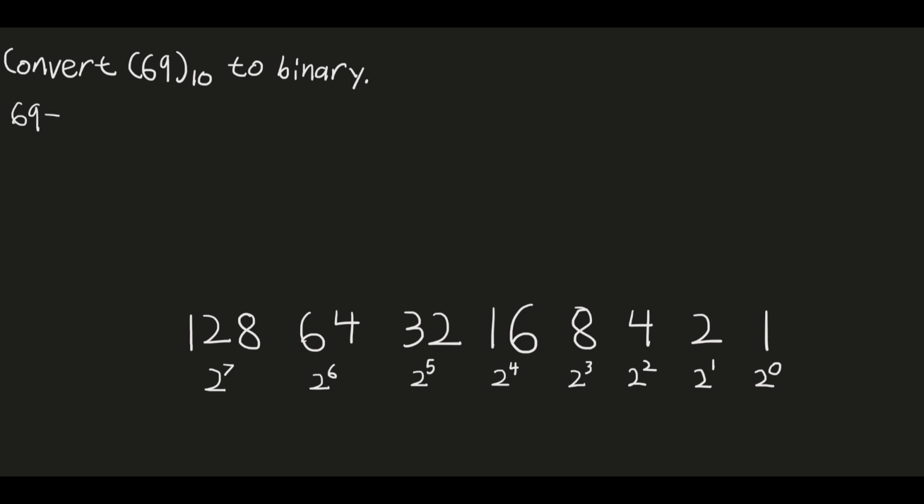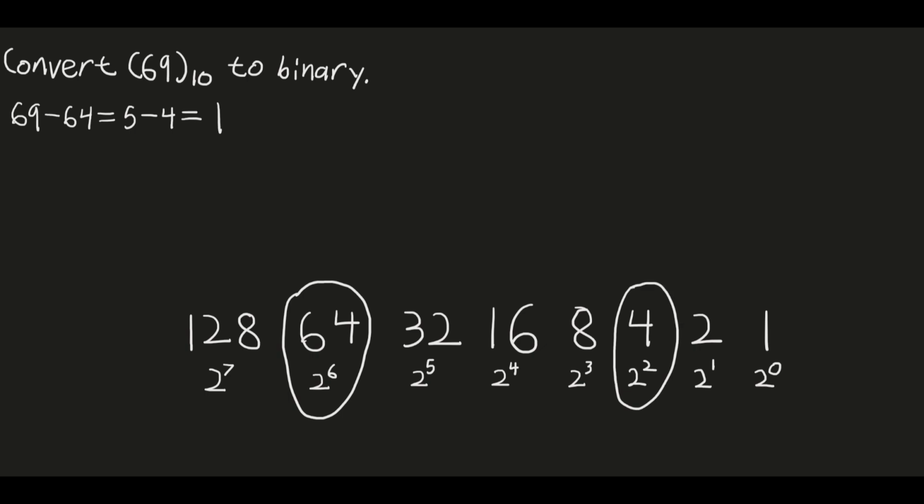And that number will be 64, and subtracting 64 from 69, that would get us 5. We want to do the same thing for 5 as well. Look for the greatest number that isn't greater than 5, and that number is 4. Subtracting 4 from 5 would get us 1.